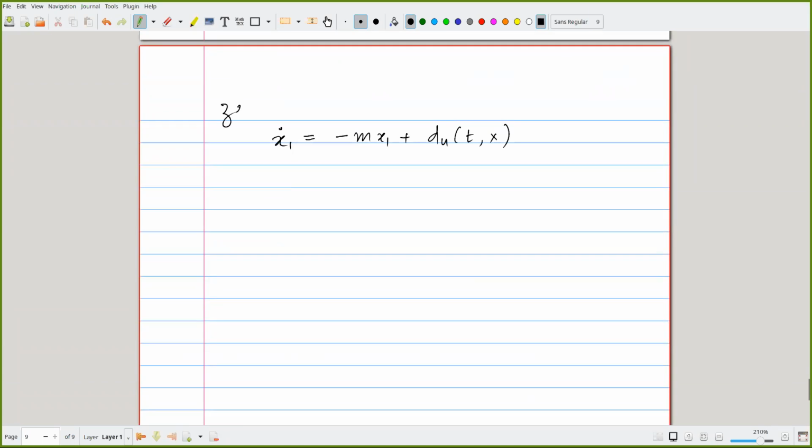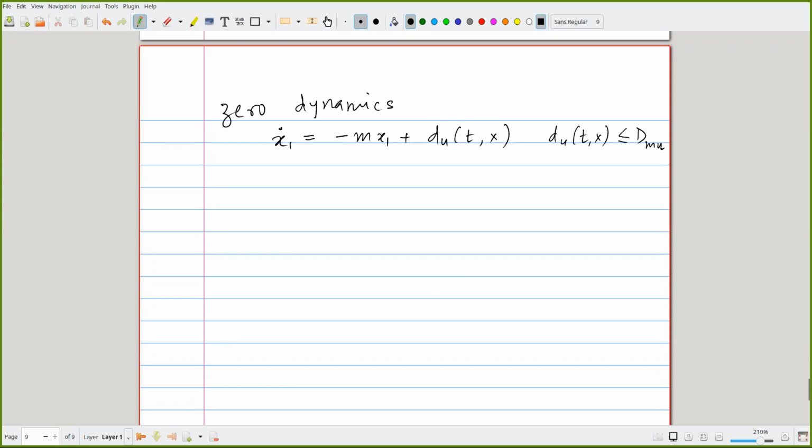So when we have this unmatched disturbance, then the zero dynamics are this, and this is not stable, or you can never claim that this differential equation is asymptotically stable, at least. So this is not going to be asymptotically stable with the assumption on du that it is just bounded.